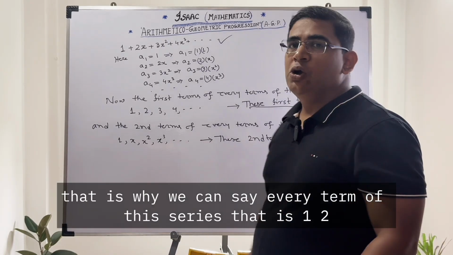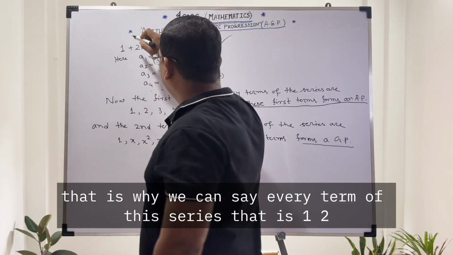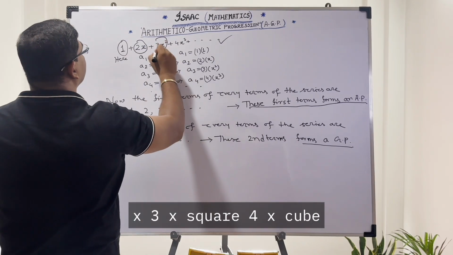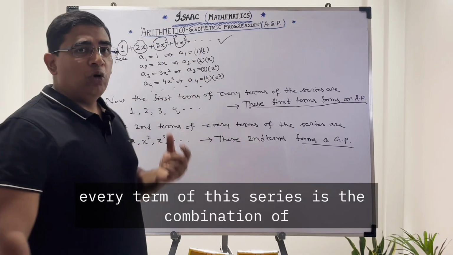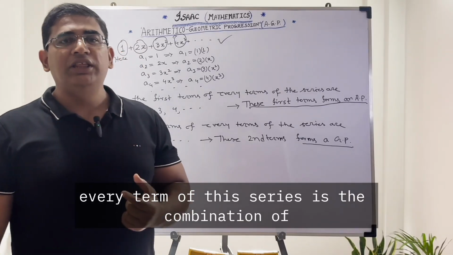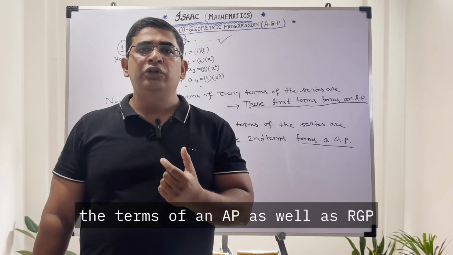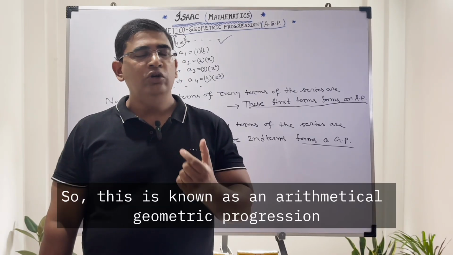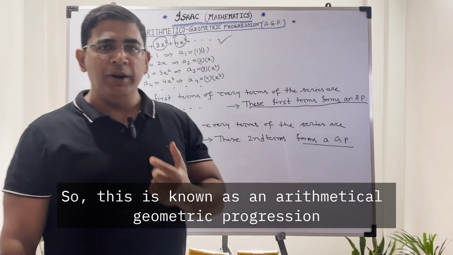That is why we can say every term of this series, that is 1, 2x, 3x squared, 4x cubed, is the combination of the terms of an AP as well as a GP. So this is known as an arithmetico-geometric progression.